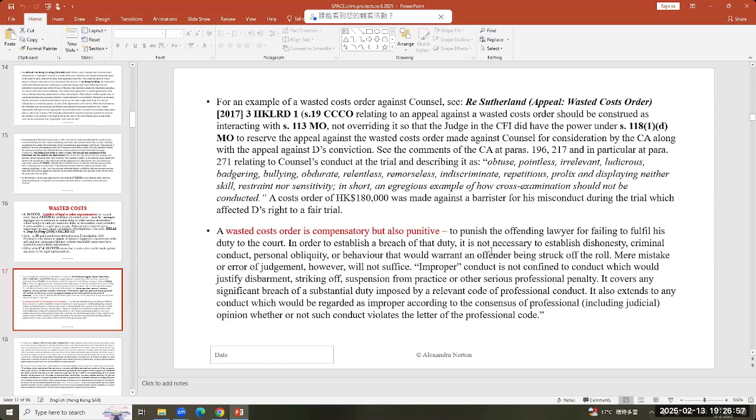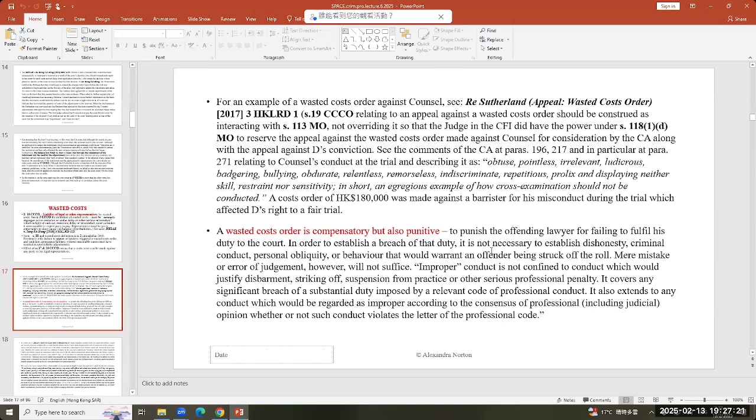This was a huge order for costs for this counsel to bear personally. Why I say you should read the case for some light relief really is it's quite rare to see a court on appeal use such strong language and be so critical of a professional lawyer.